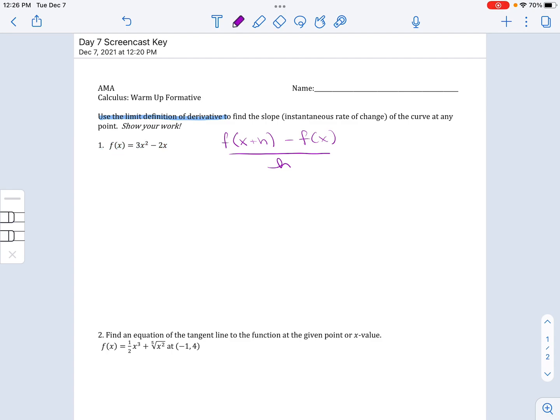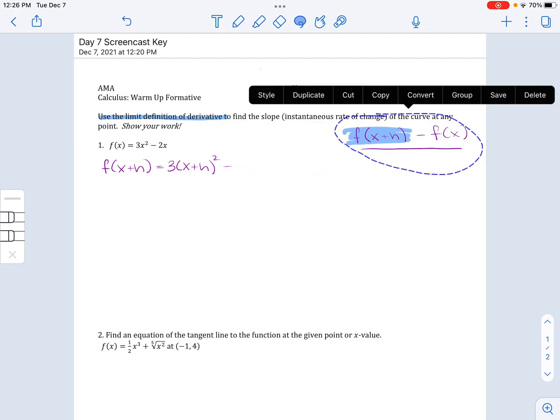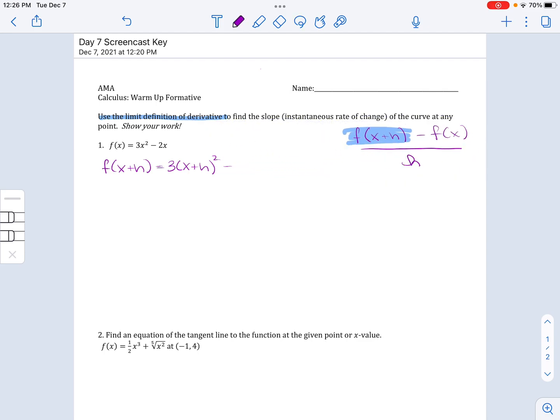So all that means is first I'm going to find f of x plus h. That means I'm going to replace all the x's in my equation with x plus h. I should probably just move this out of the way. So all I did was substitute all of my x's with x plus h, and now we're going to simplify that.